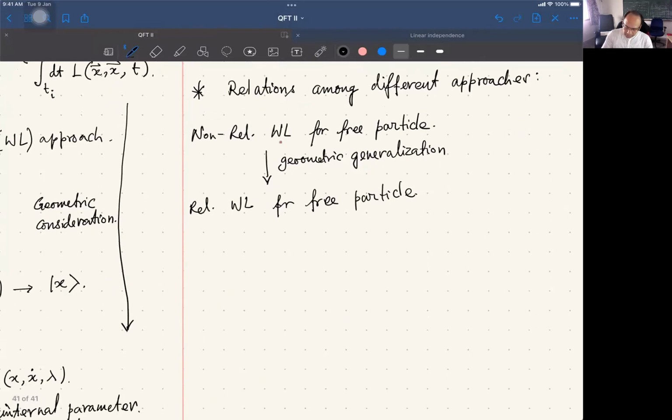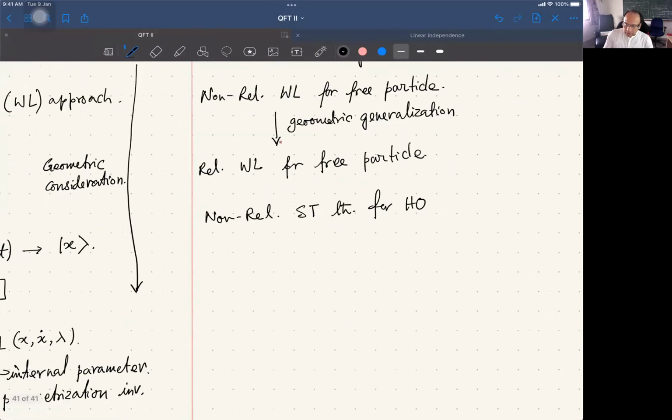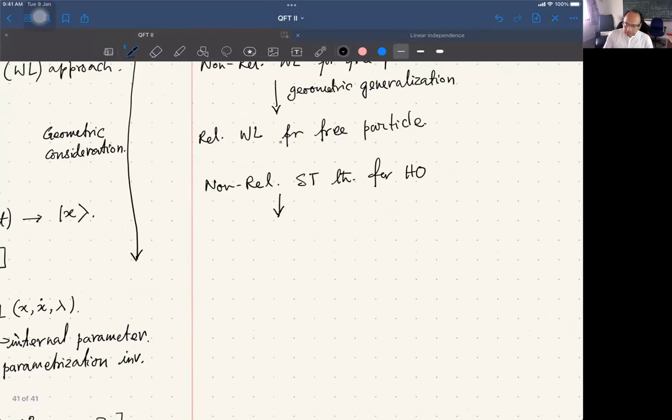And then a non-relativistic space-time theory for the harmonic oscillator. And it turns out that there is a mathematical analogy between this and relativistic quantum field theory for Klein-Gordon fields, which is free.